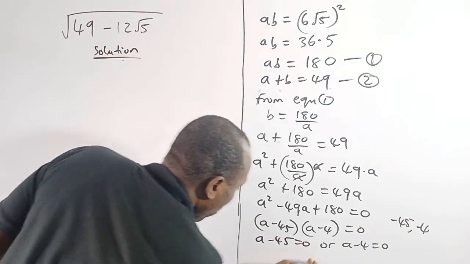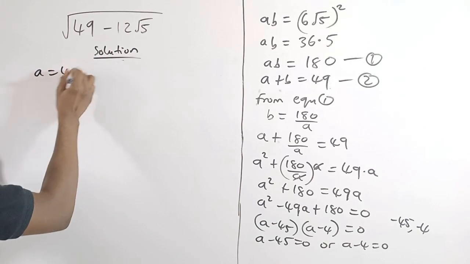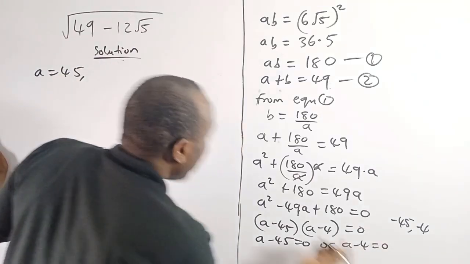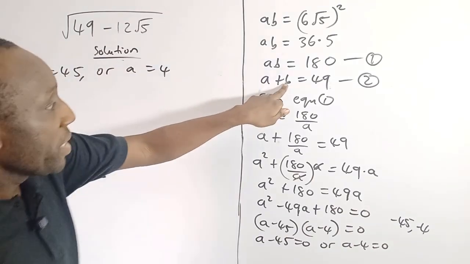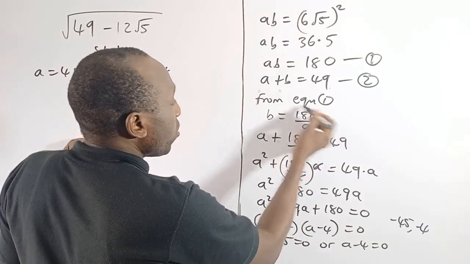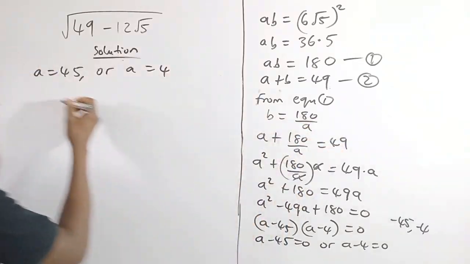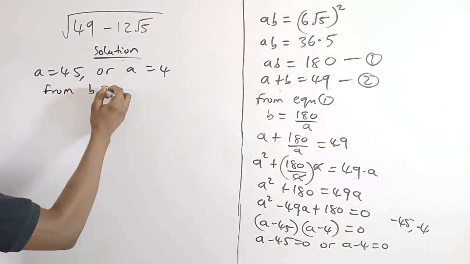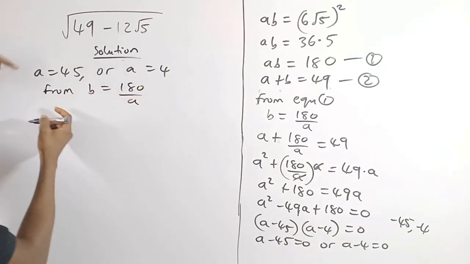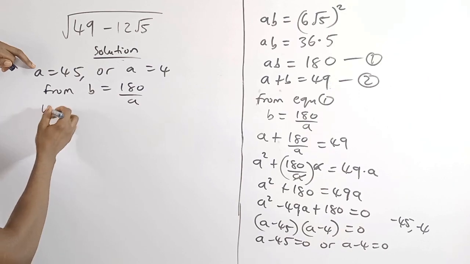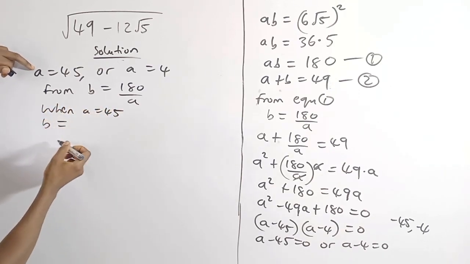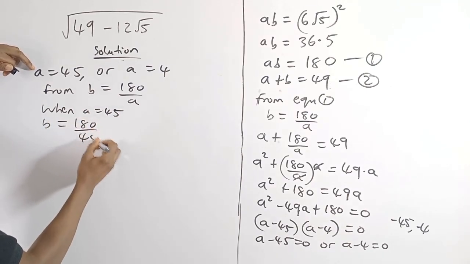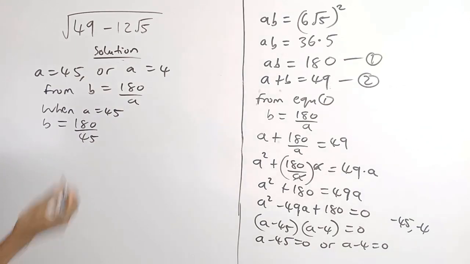So if you move minus 45 over, you have that A is equal to 45. Now what about this here? A is equal to 4. But we need to get what B is. So let's use this equation to get B. B is equal to 180 over A. So when A is 45, let's get B. B is equal to 180 over 45. What's 180 over 45? That's 4.